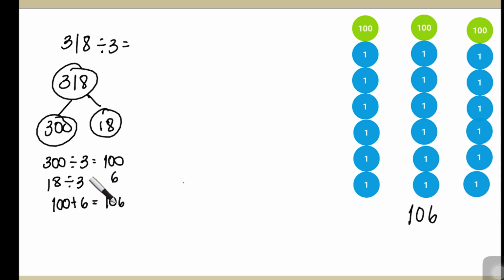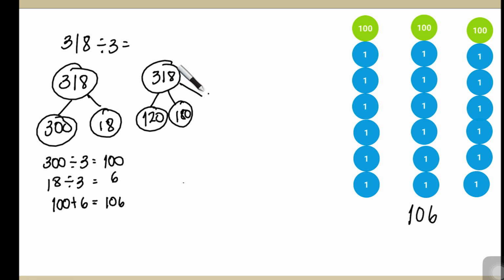Let's try a different way of dividing 318. So 318, okay, maybe let's say 120. Why not 100? Because 100, yes, you can divide it by 3, but not that easy. So 120, 180, and that's 300 already, and then 18.